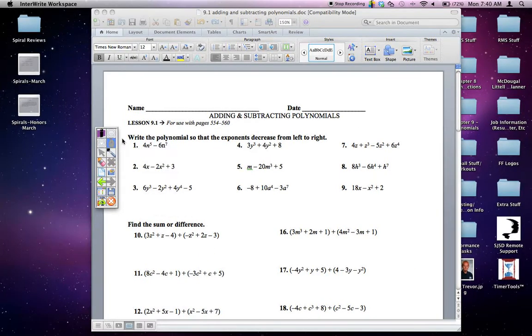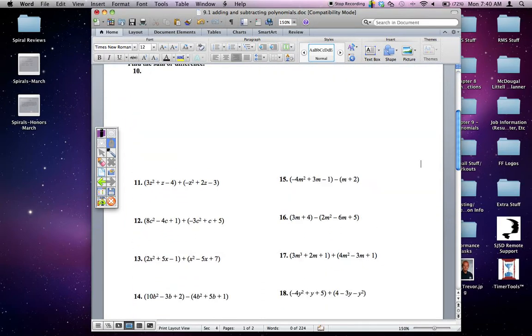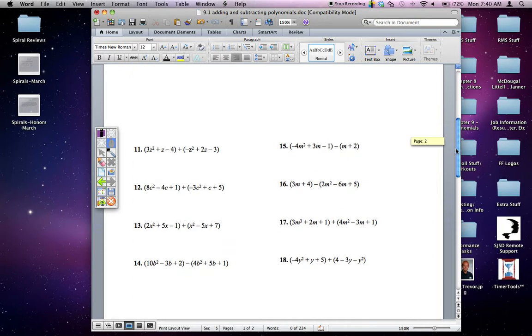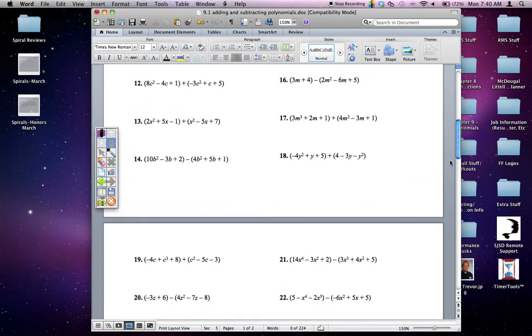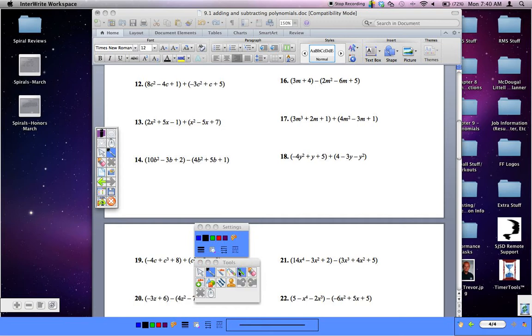Okay? So let's scroll down. Let's talk about a couple examples down here. Alright. So, number 12. Just similar to your spiral for the day, we have 8c squared plus negative 3c squared. When I combine those two, that's a positive 8 plus a negative 3. That would leave you with 5c squared.